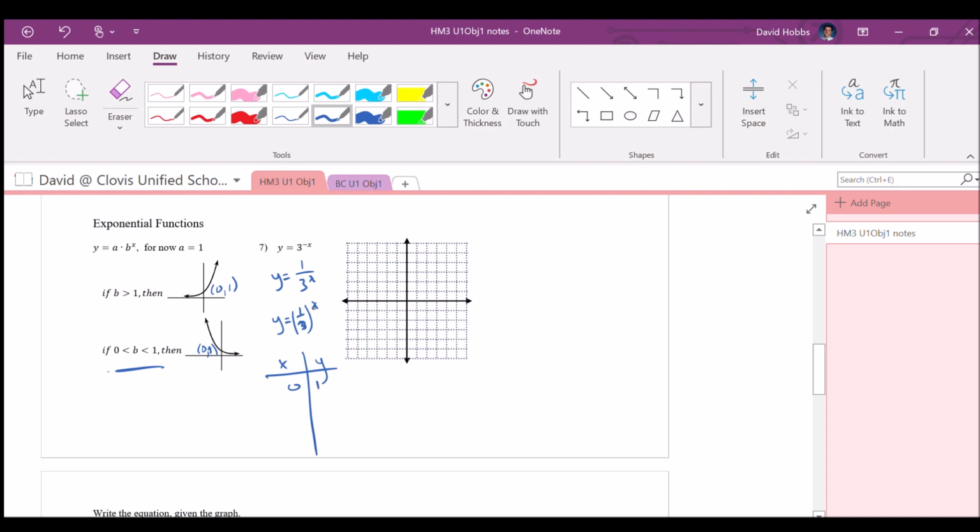Remember, any number to the 0 power is 1. We need to talk about why that's true. I don't know if I have time right now, but we will talk about why that's true. If I do to the first, 1/3 to the first is 1/3. If I do 1/3 to the negative 1, well, 1/3 to the negative 1 would be 3.